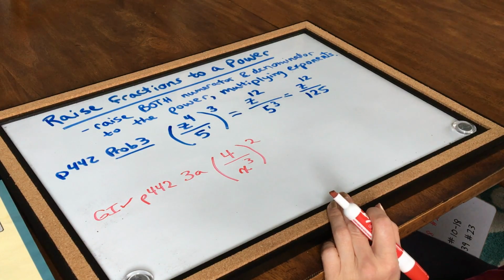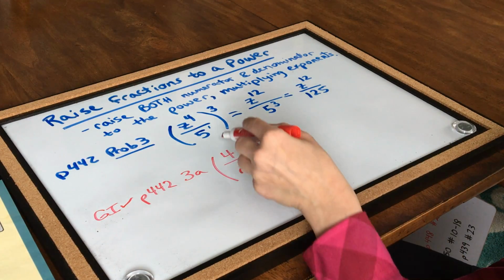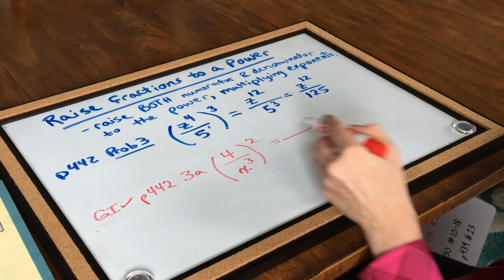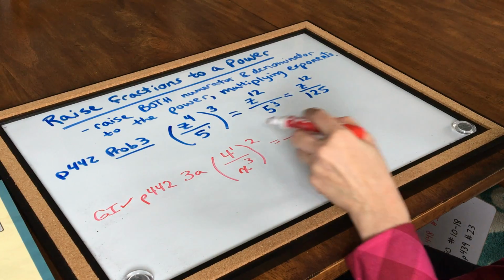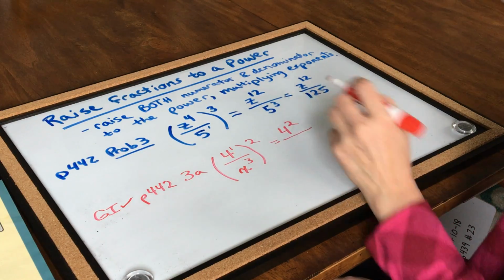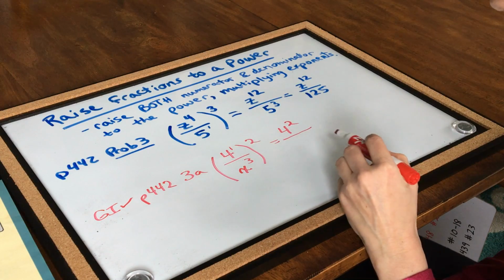All right, let's do the check. I need to square everything inside my parentheses. I'm going to start with the 4. Remember, this is 4 to the 1st power, so I'm going to multiply exponents. 1 times 2 is 2, so this is now going to be 4 squared. And in my denominator, I have to raise x to the 3rd to the 2nd power.